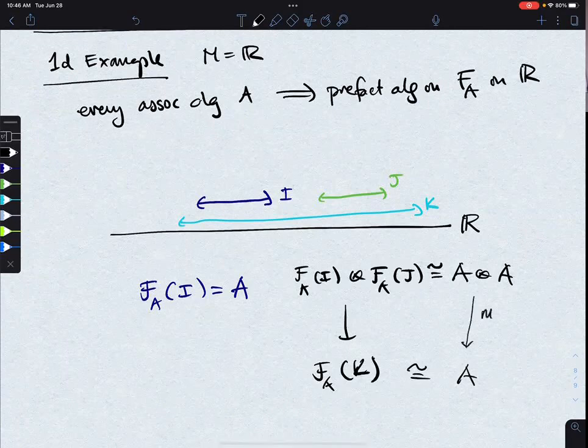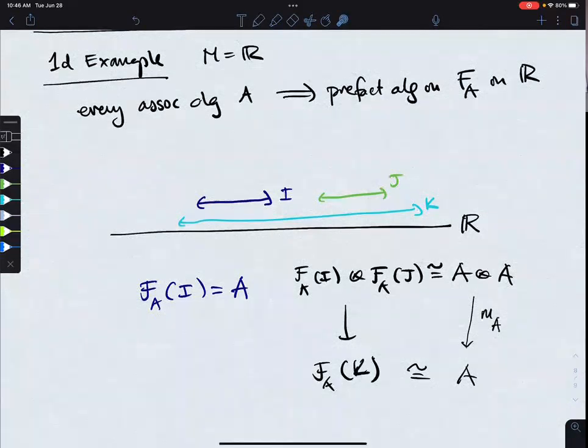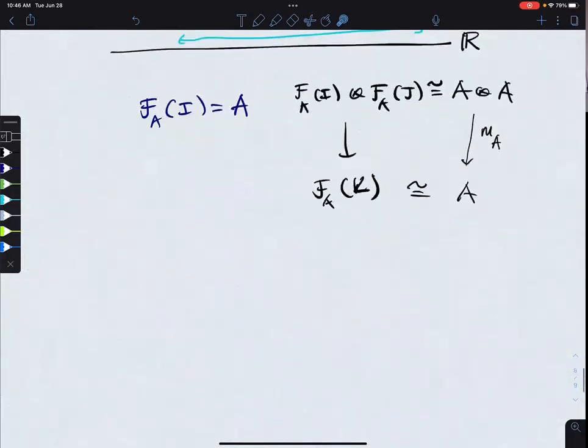Multiplication. Okay, good. So if I have two intervals going to a bigger interval, I just use the multiplication map of A. And it's a fun exercise to show that if you had 3 intervals going into a very long interval, there are 2 different ways they could be contained.